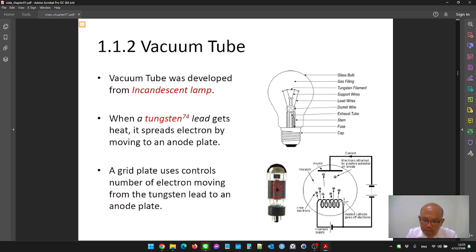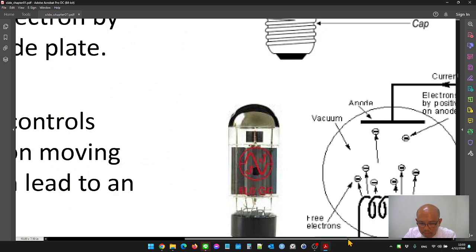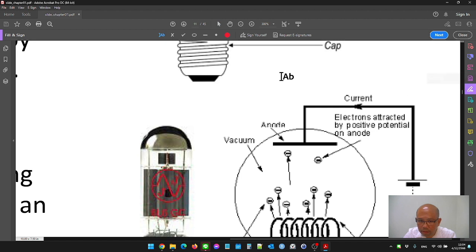After researchers found a device that functions like a diode, they put in a grid. It is not a solid plate, it has holes. They put it between the plate and the tungsten coil, like a small net. I will draw a small grid.